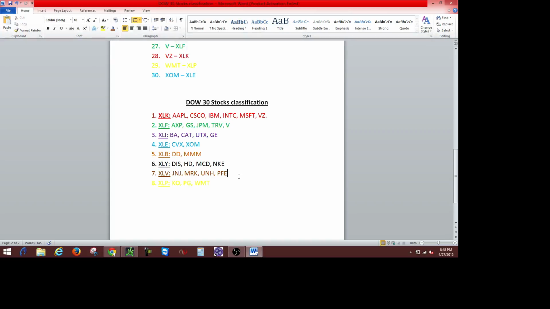You don't have to trade J&J to the short side when your MRK is actually weaker than the J&J, right? You don't have to trade Cisco to the long side when your Microsoft is actually even stronger than Cisco. Forget Cisco, get into Microsoft, right?